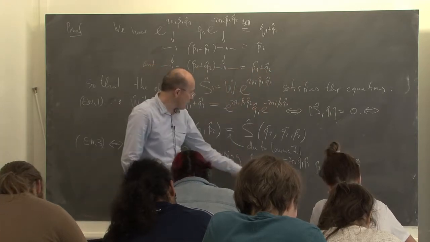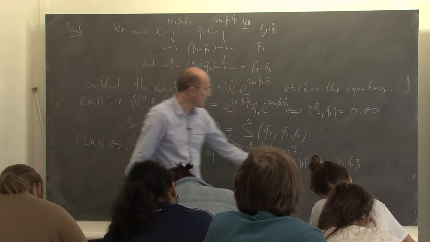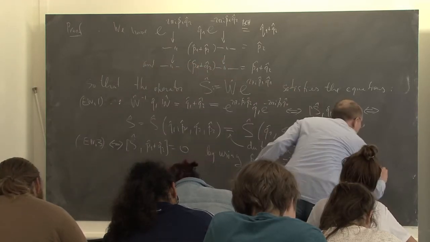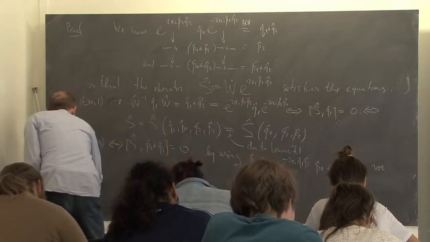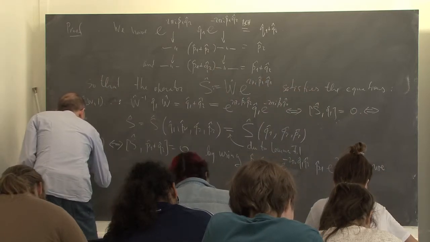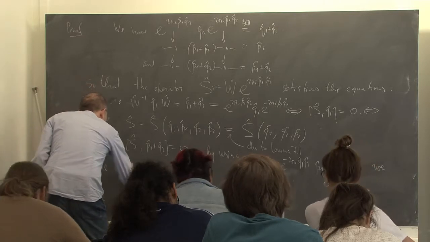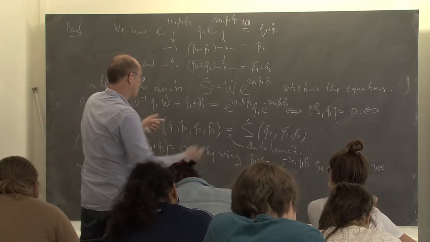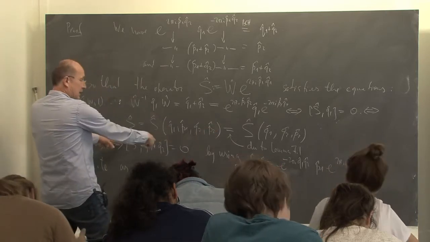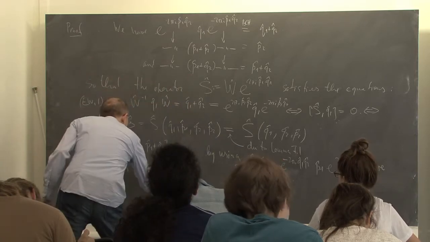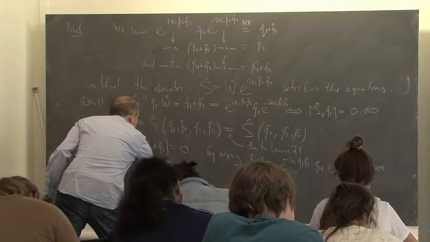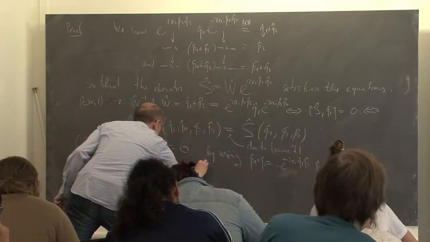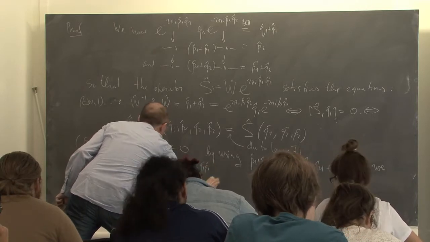So we can get this operator by conjugating P1 by some unitary operator. We rewrite as, so we just conjugate this by this operator. So E 2 pi I Q1 Q2 hat S conjugated by this commutes with P1.